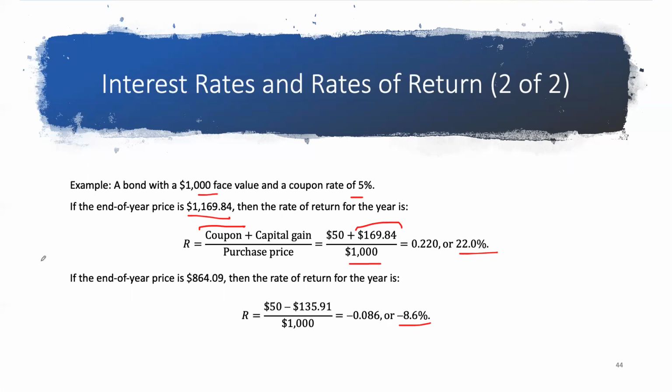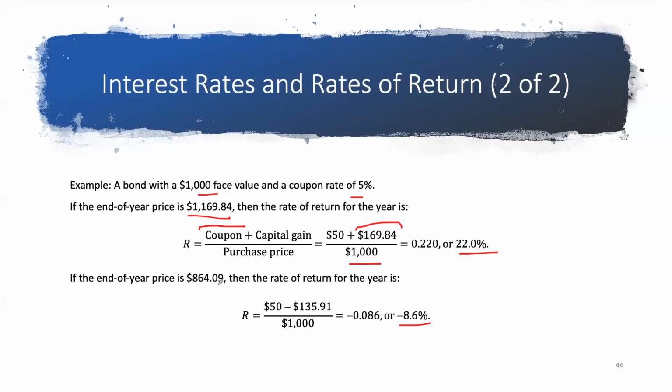And the question as to why, at the end of the year, the price is going up or going down, you already know what the explanation is. If the price of this bond has gone up, that suggests either there's an increase in demand for this bond relative to the available supply, or that a new bond was issued which had a lower yield than these existing bonds, which made the price of the bond go up.